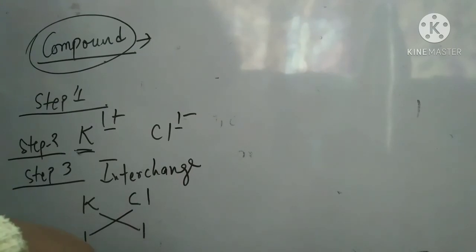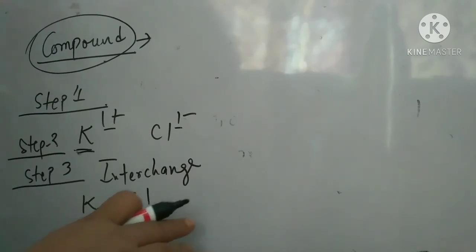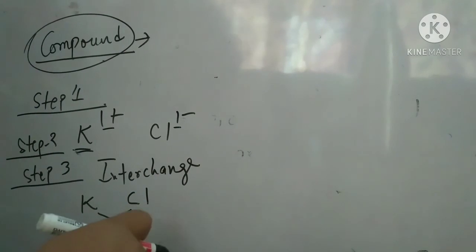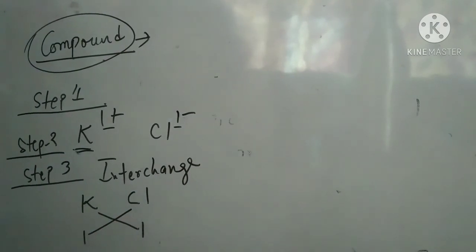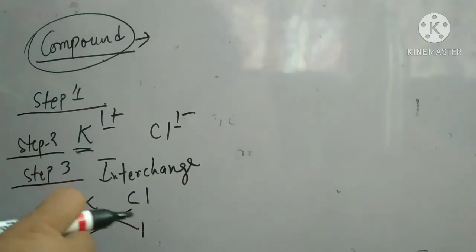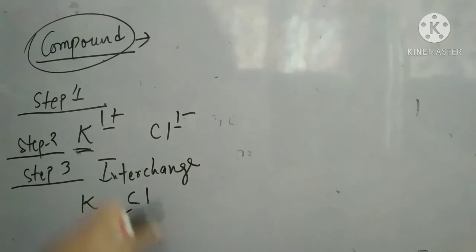Now if the valency number of the radical in the compound is above 2, then enclose the radical in bracket with the numbers on the right of the bracket at the bottom end.